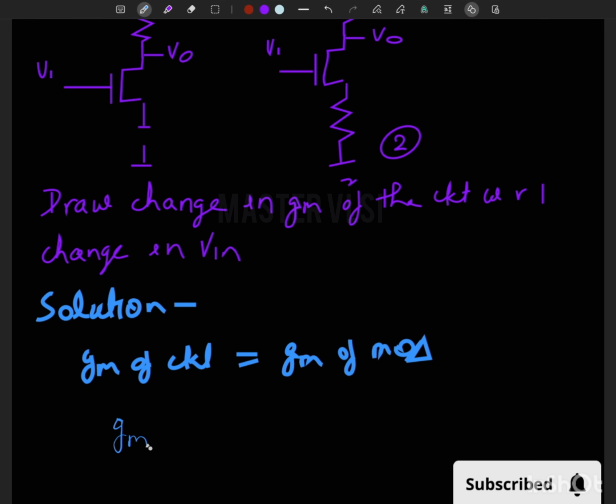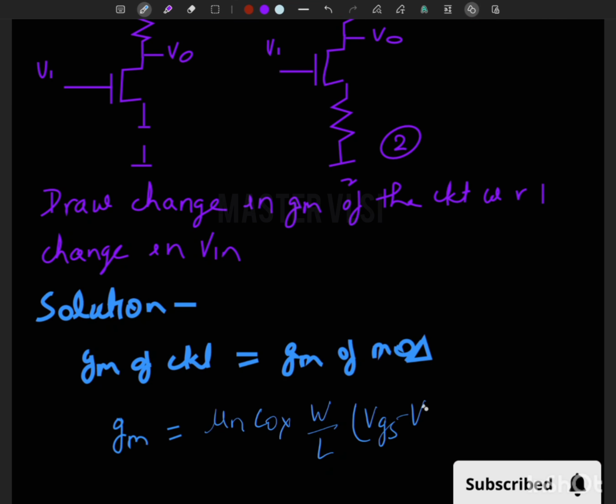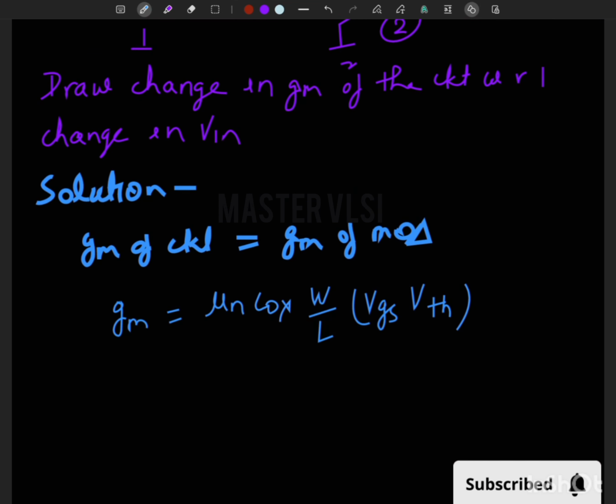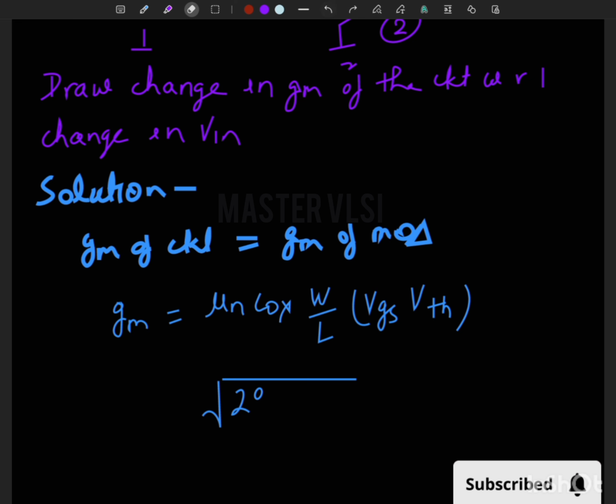GM has three formulas to note. Number one, GM is mu n Cox W by L into VGS minus VTH. It is also equal to root of 2 mu n Cox W by L into ID.